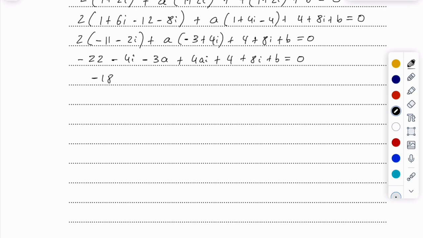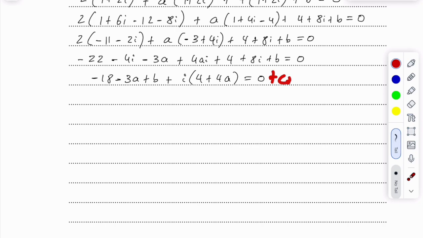Negative 18 minus 3a plus b, plus i times 4 plus 4a equals 0. Okay. Brilliant. So if this equals 0, that's the same thing as 0 plus 0i, right? So therefore we're going to equate both of these to 0, because that's what they equal.